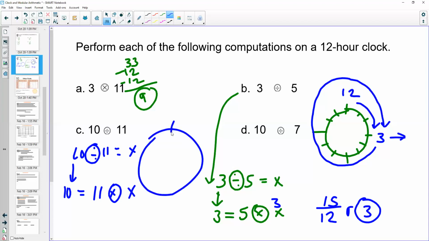I'm going to start at 12, and I want to get over here to 10. So I'd get around once, that's 10 hours. It doesn't help me. 12, go around is 24, that doesn't really help me. 36, that doesn't help me.